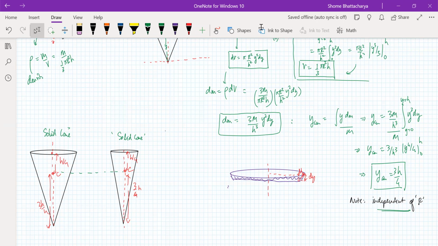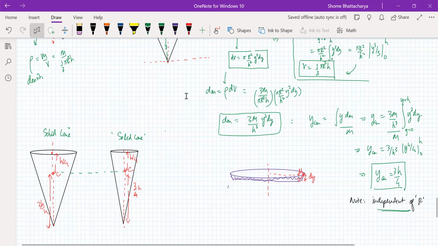So it is dl. Whereas when you slice it into solid discs, you consider not the thickness on the curved surface, but the vertical thickness of the disc, because you're concerned with the volume of the disc. That is why volume integration and surface integration are done with slightly different techniques in this kind of situation.